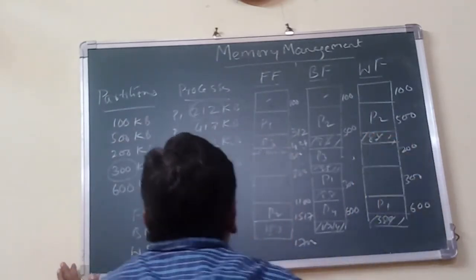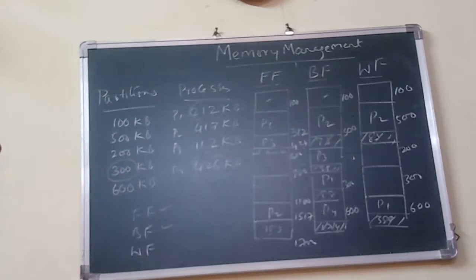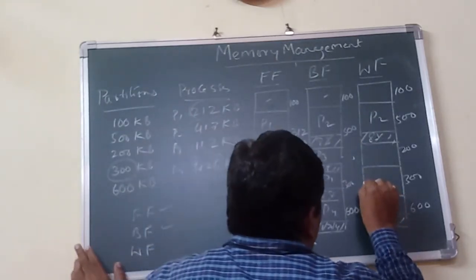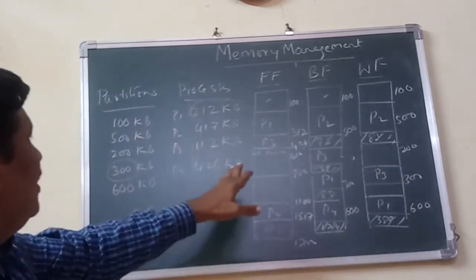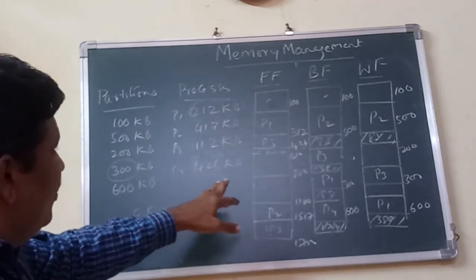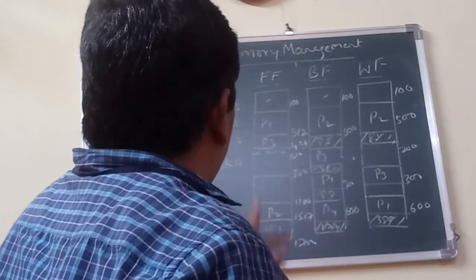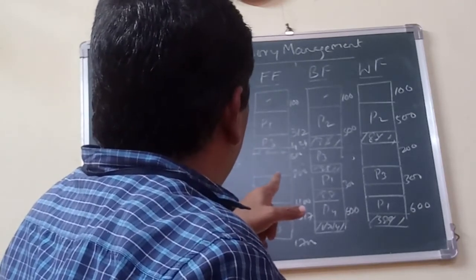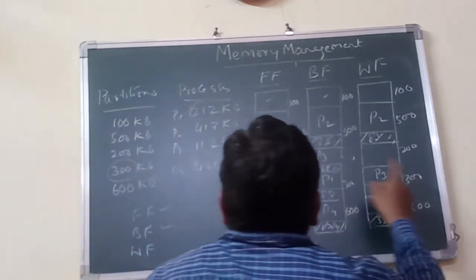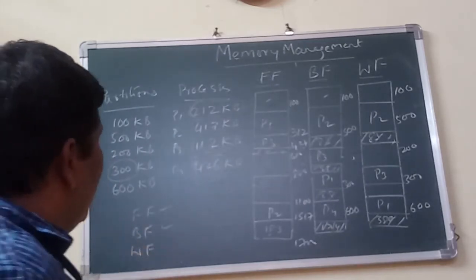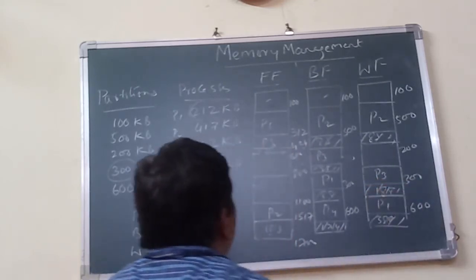It is wasted here. Then 112, the largest partition that can hold 112 is 300. So here P3, right? So 300 minus 112, I think it is 188, right? 188, okay.